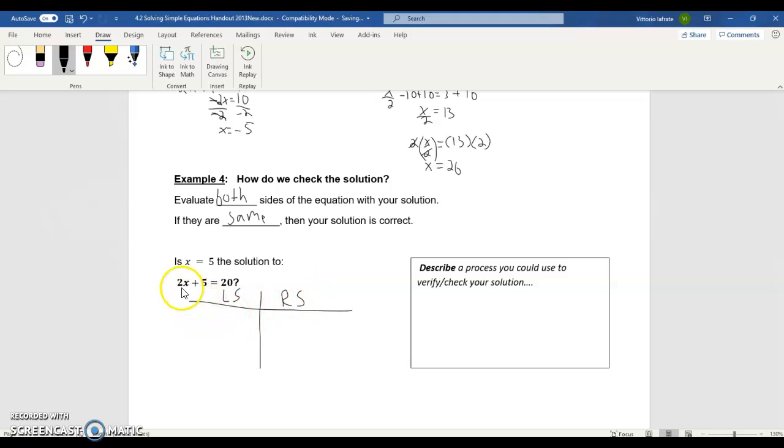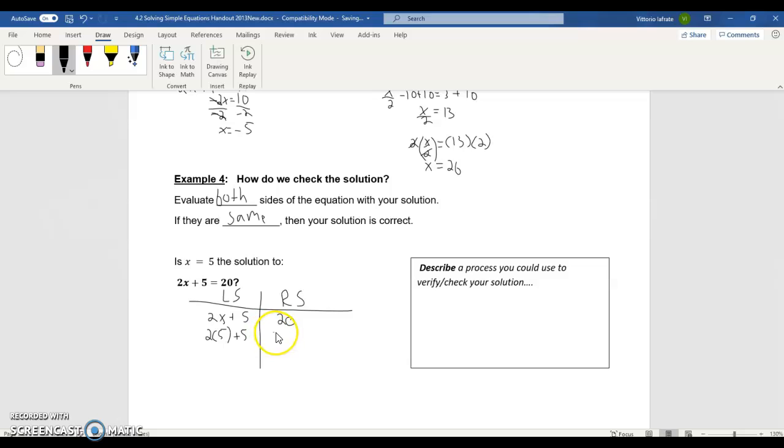The left side is 2x plus 5. And the right side is 20. And I'm going to take my solution, which is x is equal to 5, and put it into the variable to see if I end up with 20. So I'll do 2, replace the x by 5 here, plus 5.